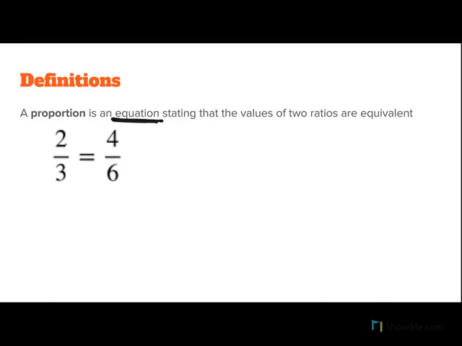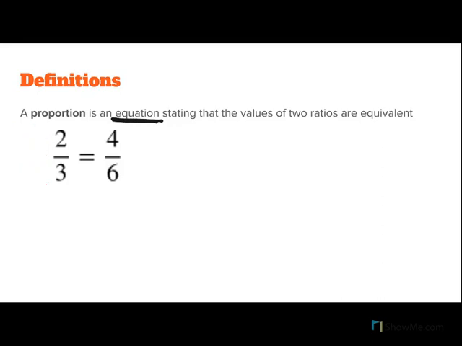So 2/3 equals 4/6. That would be an example of a proportion. And again, how do I know it's a proportion? Well, I know it's because these are equal. And if we use our properties of fractions, I know over here I could multiply top and bottom by 2. If I did that, that would give me 4/6, which is the same as 4/6 over here, right?